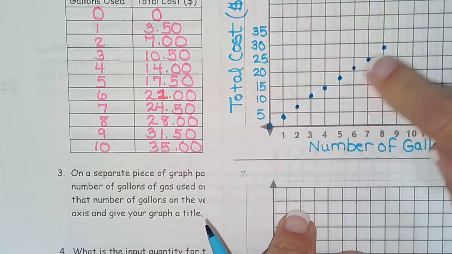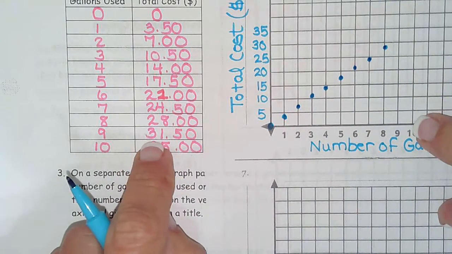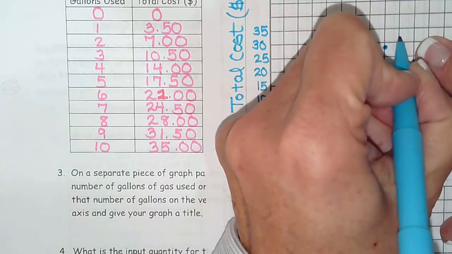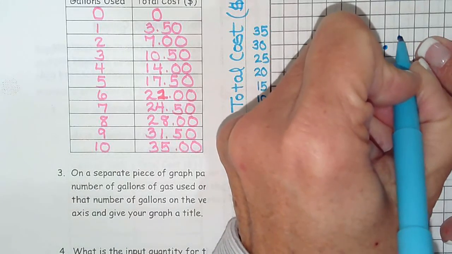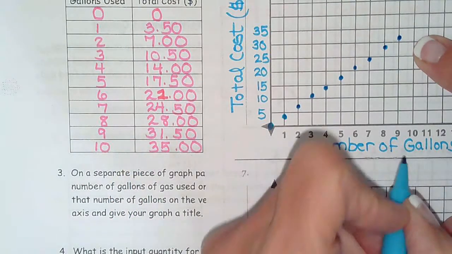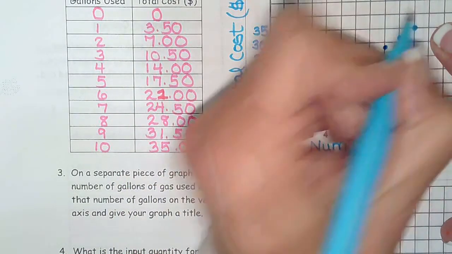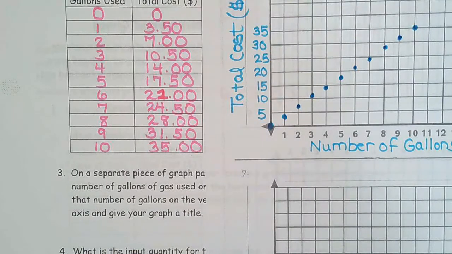And I'm just making sure my points are looking like they're in line. 9 goes with 31.50, which would be a little bit over 30. And last but not least, 10 goes with 35. So there is my most beautiful graph.